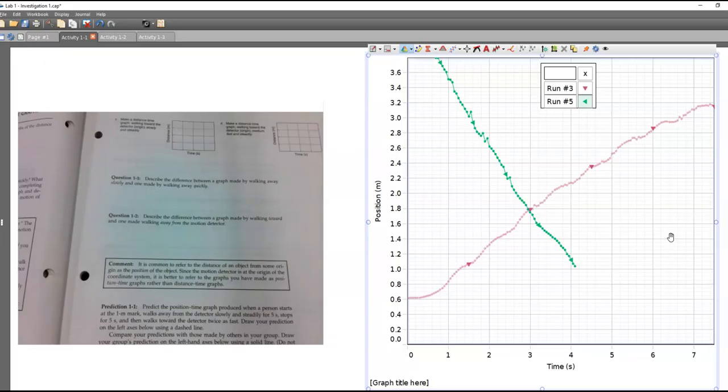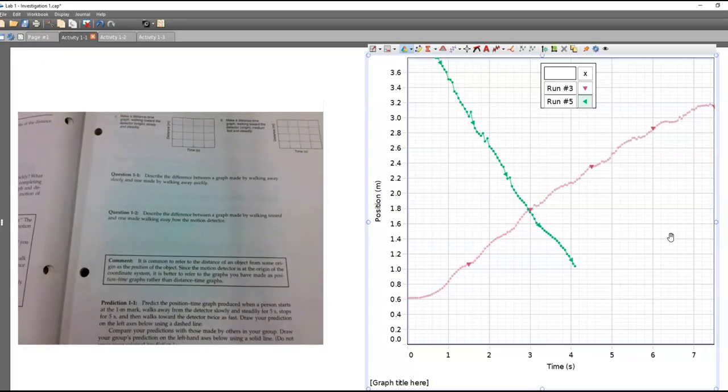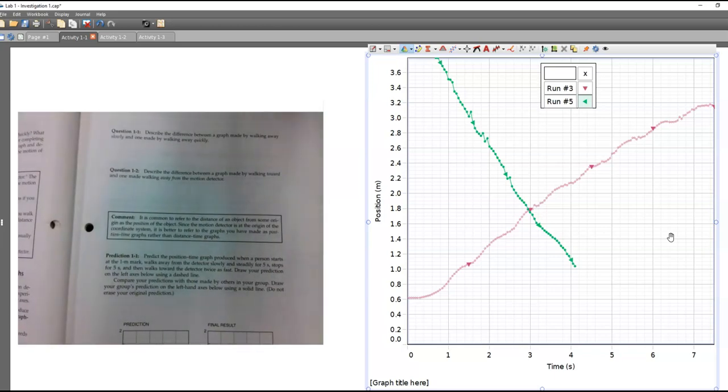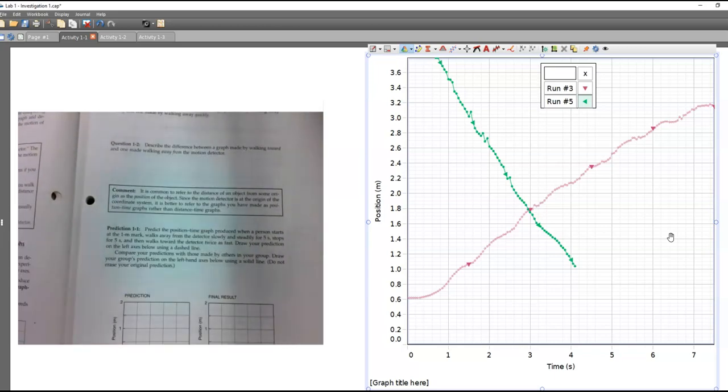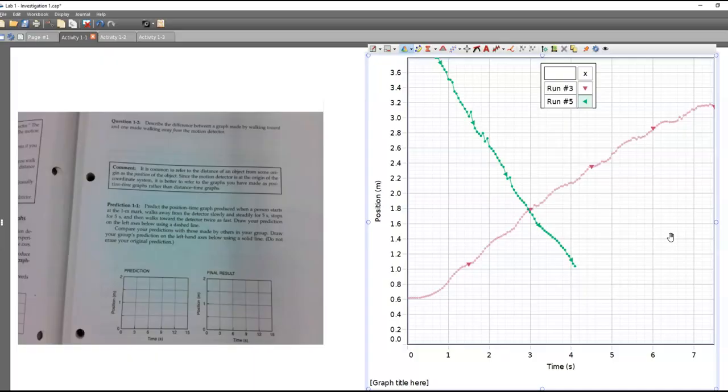Predict the position time graph produced when a person starts at the 1 meter mark, walks away from the detector slowly and steadily for 5 seconds, stops for 5 seconds, then walks towards the detector twice as fast. Compare the predictions with your neighbors, and then draw your prediction on the left-hand axis below the solid line. So here, on the left-hand side, go ahead and draw your prediction.